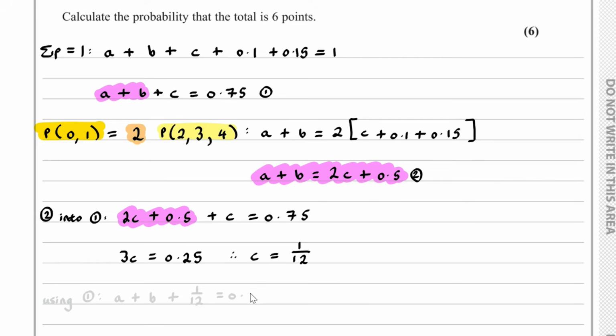This is equal to 0.75, which if we rearrange, we see that a plus b is equal to 2/3.